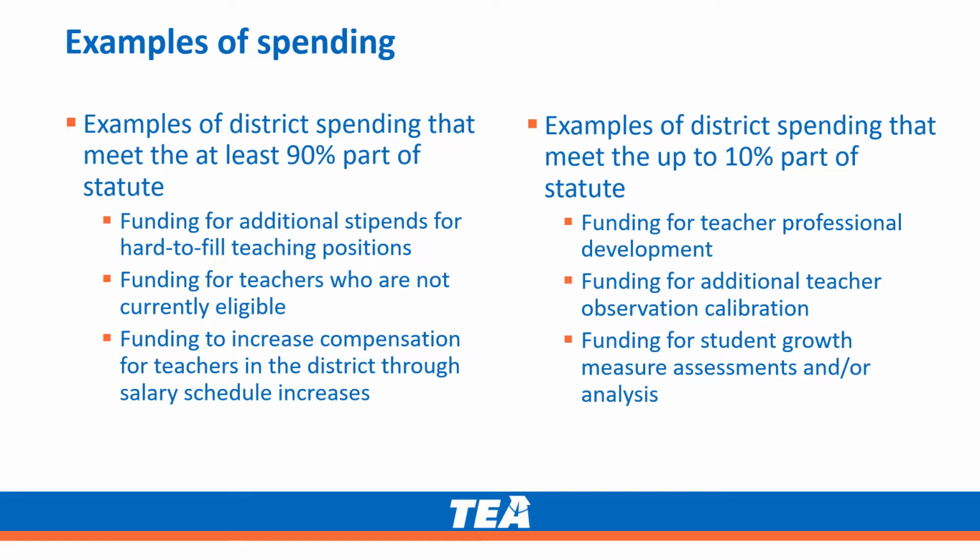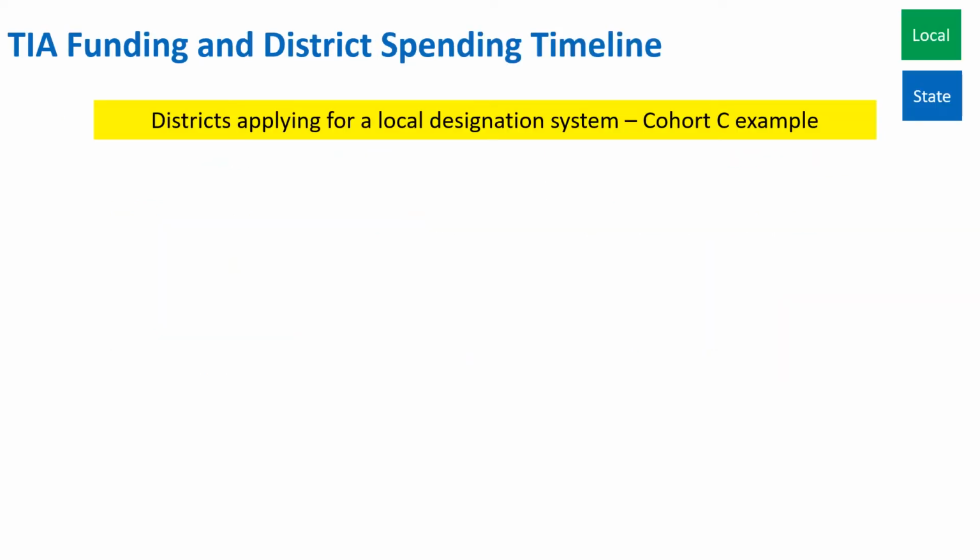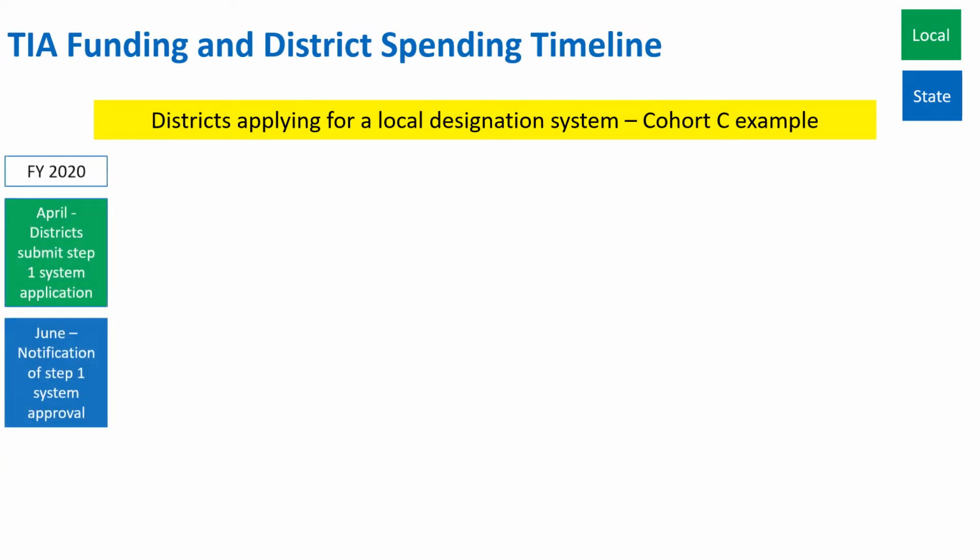We will now review a TIA funding and district spending timeline for a district applying for a local designation system as a Cohort C. In this diagram, all green squares will represent local actions and all blue squares will represent state actions.